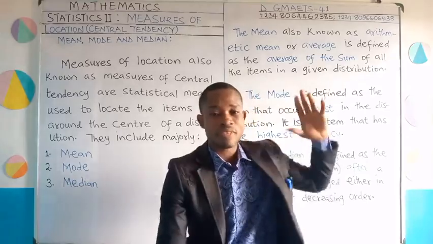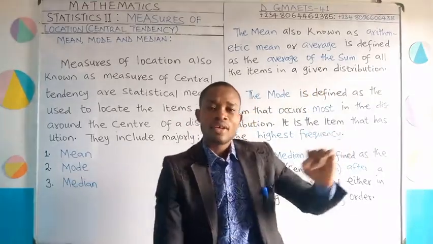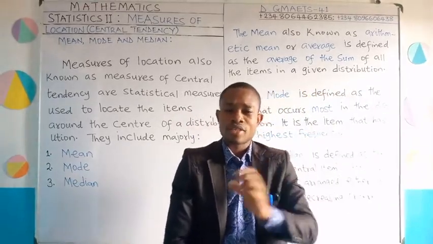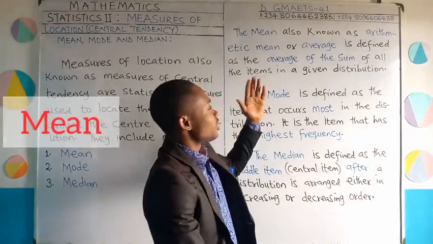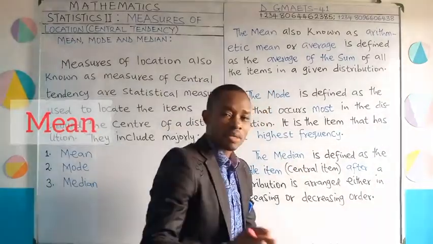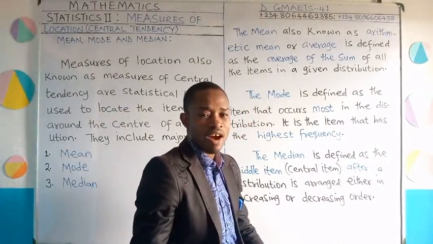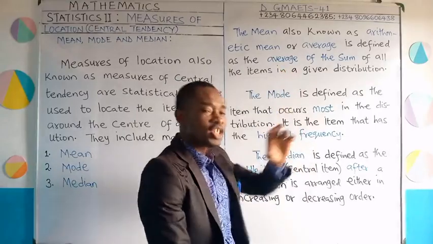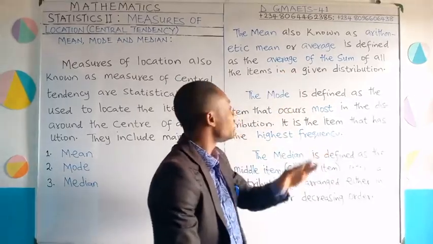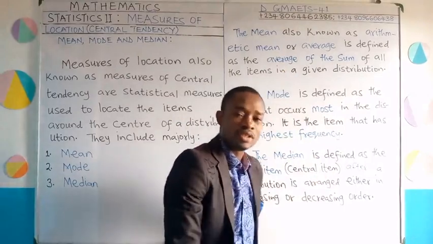On the board, we have these definitions. The first, we are going to define the mean. The mean is also called the arithmetic mean, or you can call it the average. It is defined as the average of the sum of all the items in a given distribution.